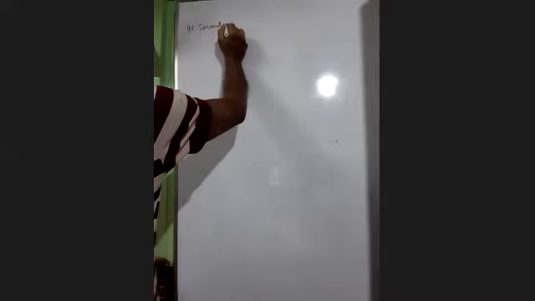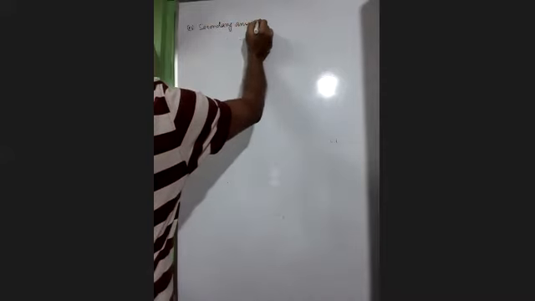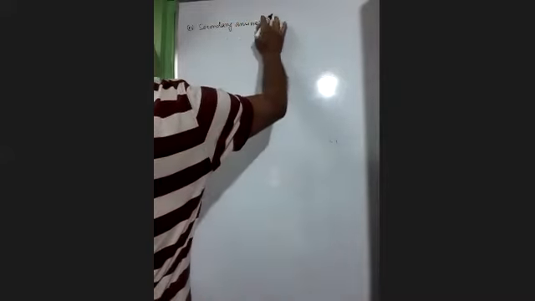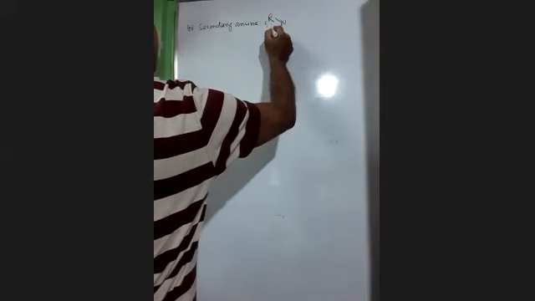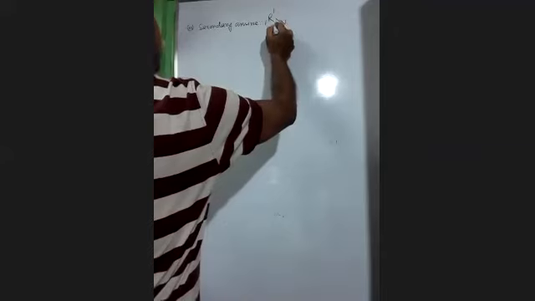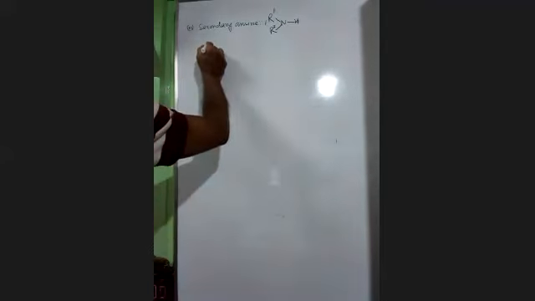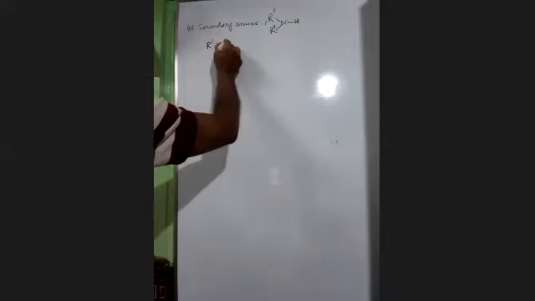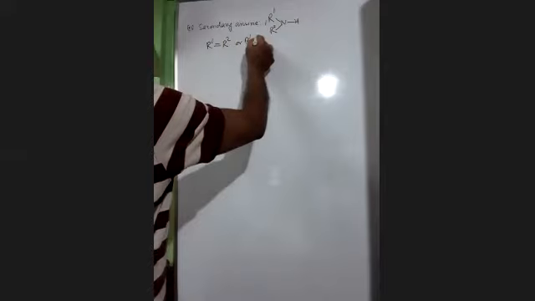Secondary here it is R1, R2, NH. So here R1 may be equal to R2 or R1 may not be equal to R2.